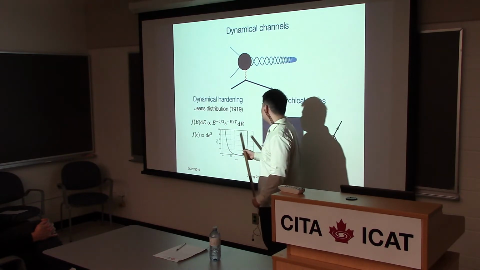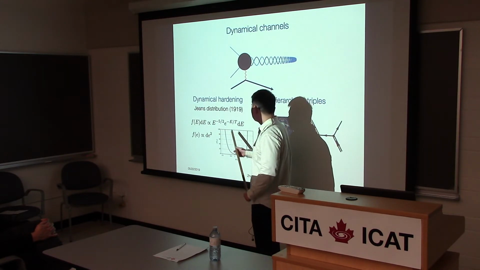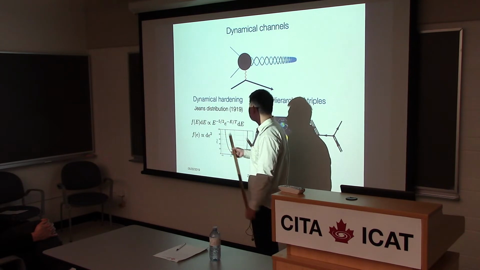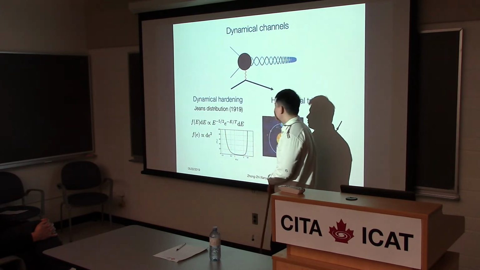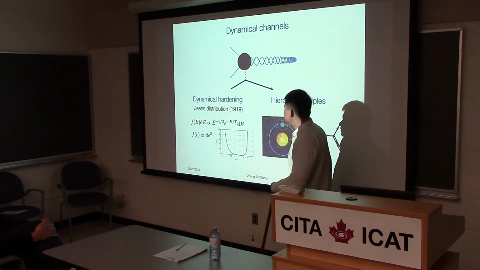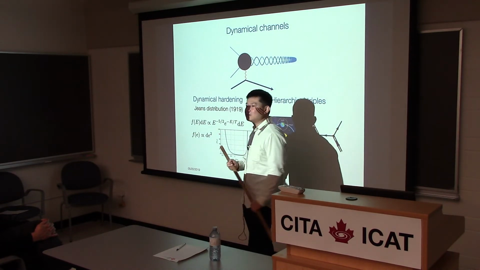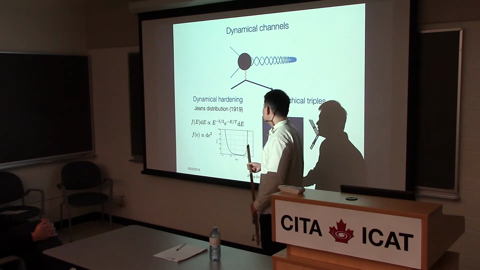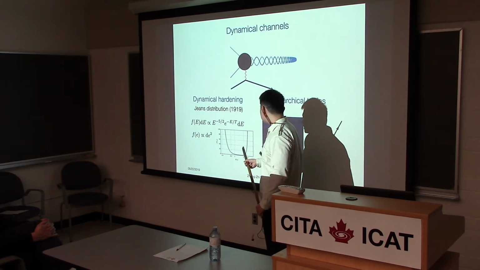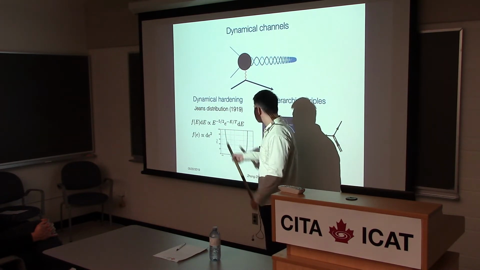And on the other side, this funny E factor also makes the distribution explode. Which means that the binaries can never reach thermal equilibrium. The distribution diverges in both directions.